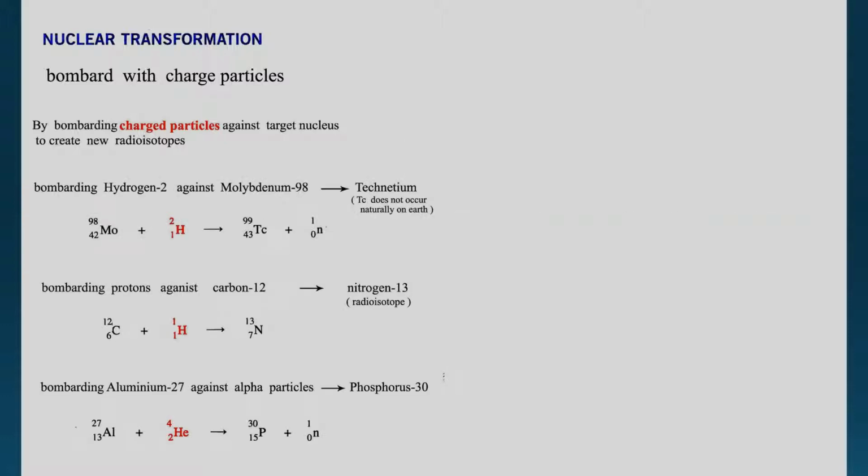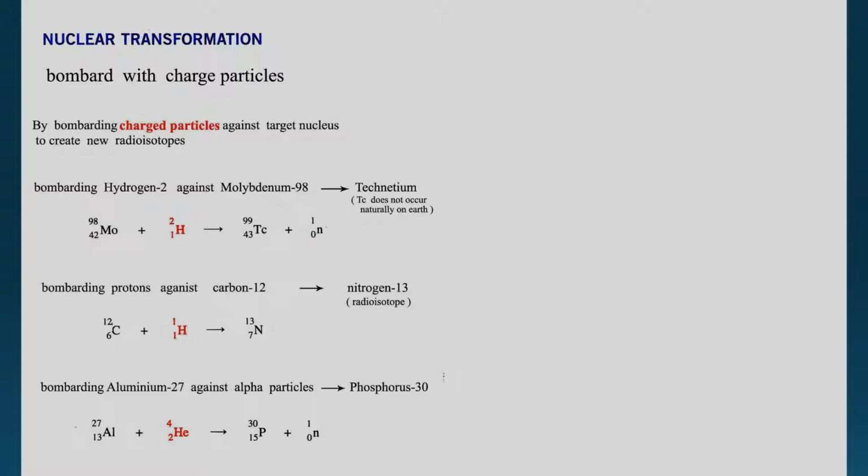Now with this charged particle, I'm going to shoot it at my target, as in the following 3 examples. In the first one, you bombard hydrogen-2 against Mo to make it into a new particle, Tc-99, with further emission.